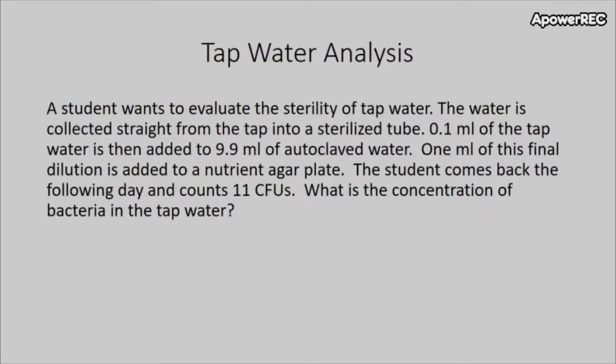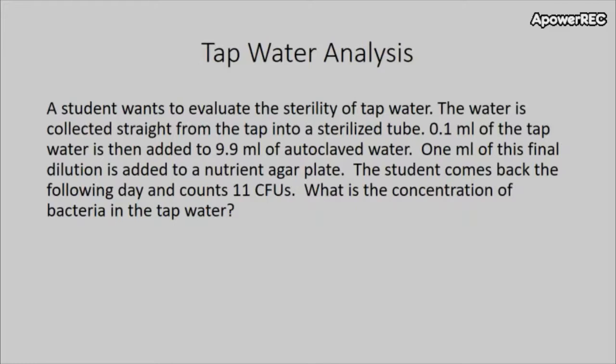Okay, so this is a tap water analysis. And the setup is a little bit different here. So the tap water is collected, and the way it's collected is 0.1 milliliters is added to a 9.9 milliliter tube of autoclaved, or sterilized water.